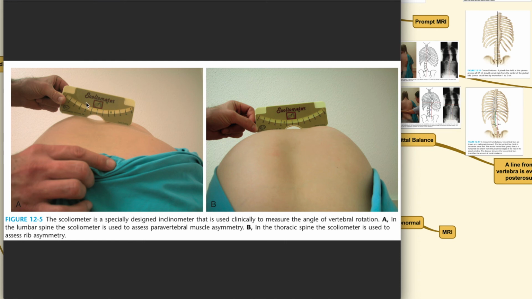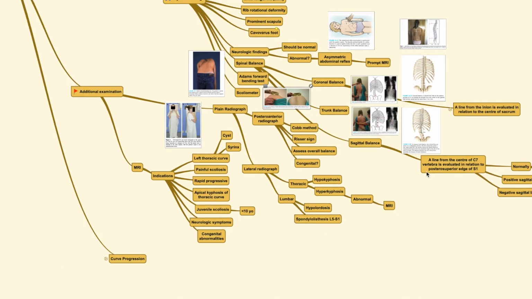Usually you use it to evaluate the paravertebral muscle asymmetry that occurs. In the lumbar region, you use it to evaluate for paravertebral muscle asymmetry. For the thoracic region, you use it to evaluate the rib asymmetry.